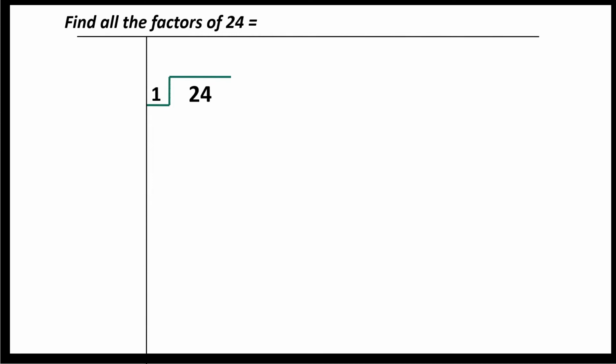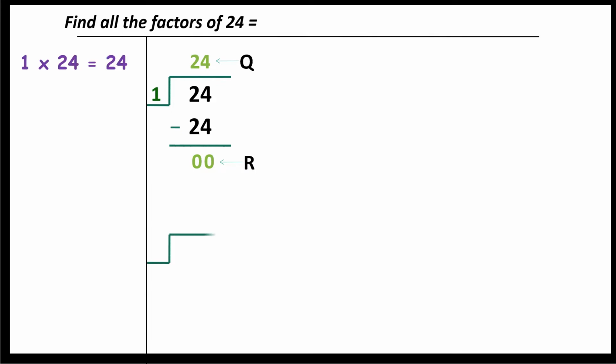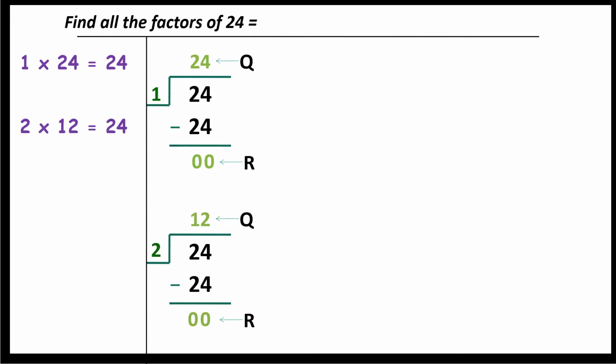If we divide 24 by 1, we get quotient 24 and remainder 0. So 1 is a factor of 24 and we write down 1 multiplied by 24 is equal to 24. Then divide 24 by 2. We get quotient 12 and remainder 0. So 2 is a factor of 24 and we write down 2 multiplied by 12 is equal to 24.